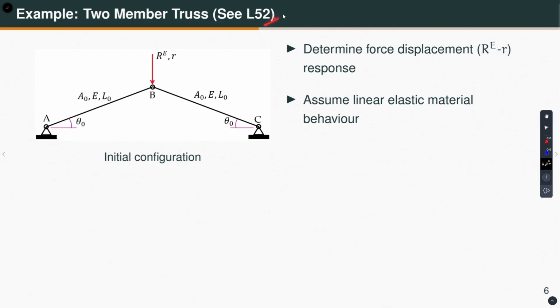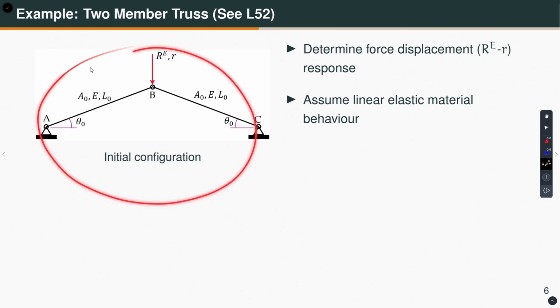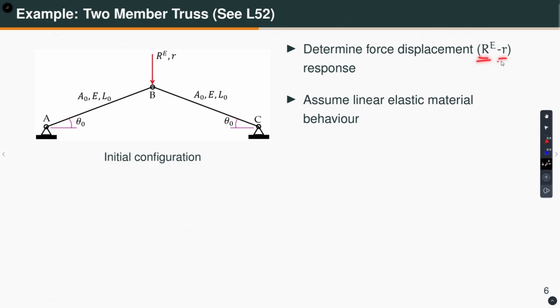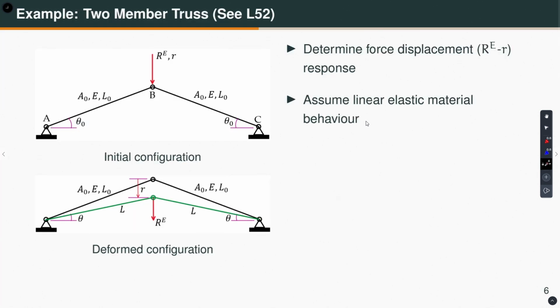Okay. So, we have done a large displacement analysis of this and determined the force versus displacement relationship, assuming linear elastic material behavior. Okay. So, this was the deformed configuration.